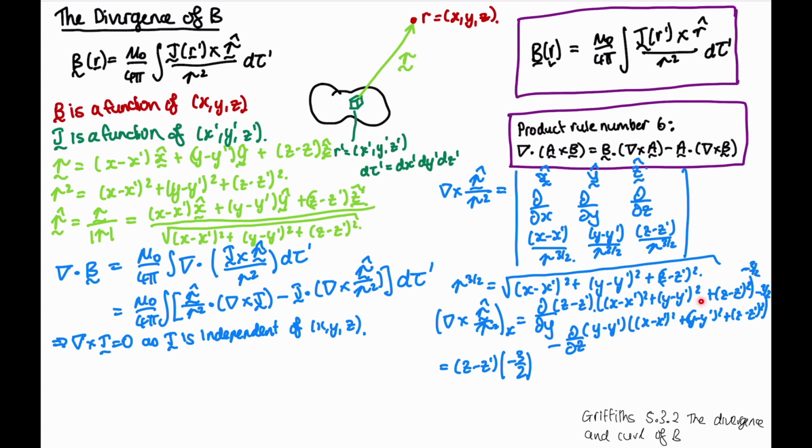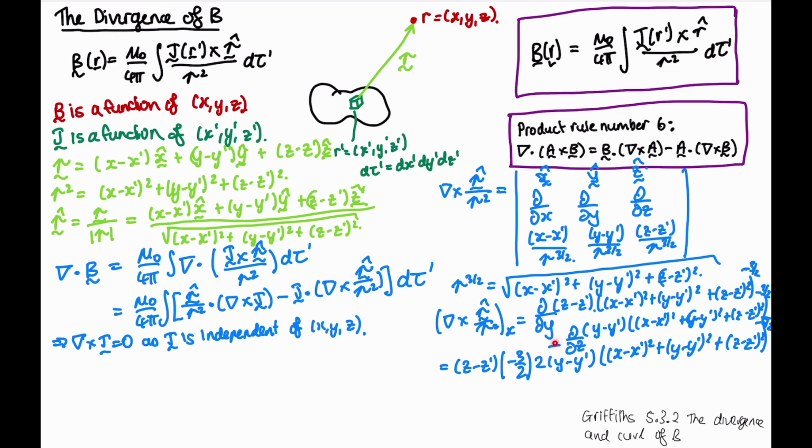And then we need to do times the derivative of this thing, which is equal to 2 times y minus y prime. And then we've got the x minus x prime squared plus y minus y prime squared plus z minus z prime squared, and this is now to the power minus 1 there, so minus 5 on 2.